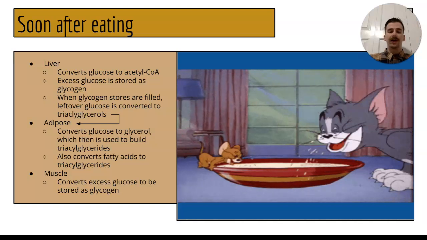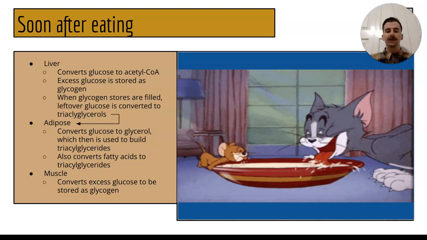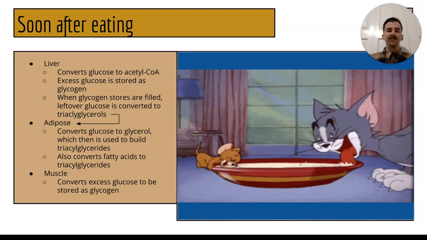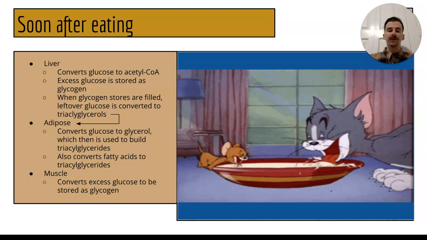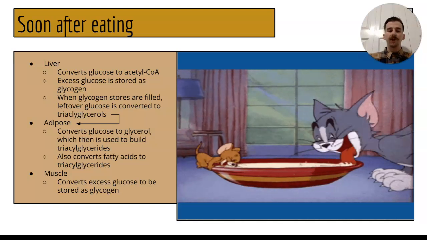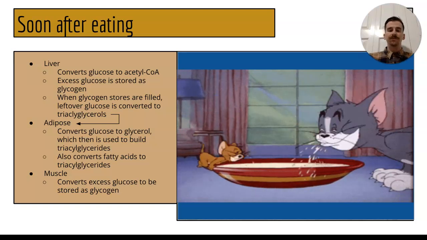Those are going to be put into adipose tissue, which does the same thing with excess glucose. If it exists there, we're going to have our triacylglycerides, and that just builds up our adipose tissue as a storage, because those can then be broken back down into glucose if needed for energy. And then our muscle also converts excess glucose from its systems into glycogen in its stores.